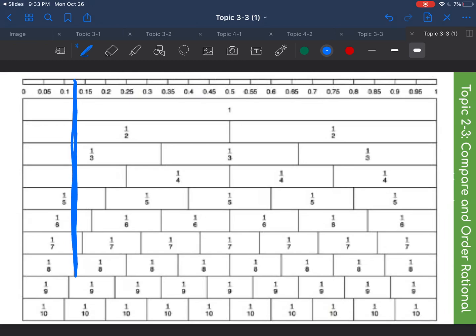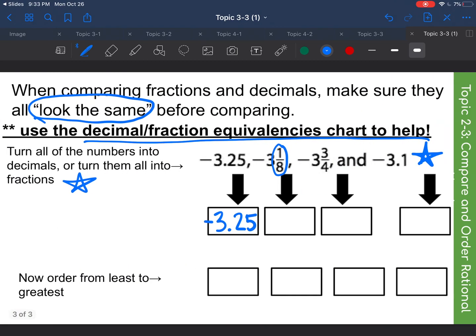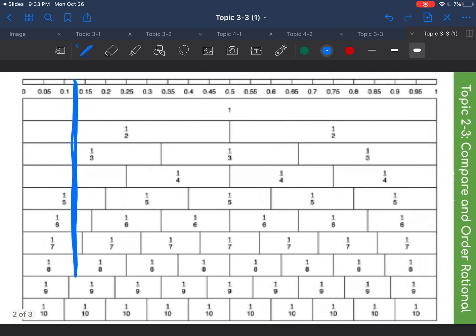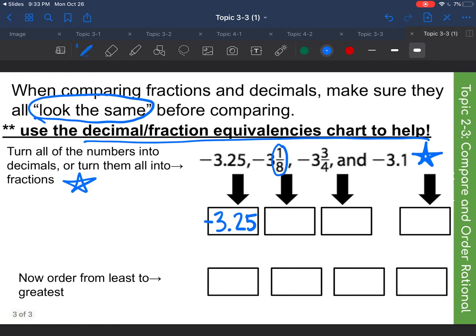If we draw a straight line, it's between 0 and 10/100ths and 0 and 15/100ths. So I'm going to say it's around 12/100ths, because that's a number in between.